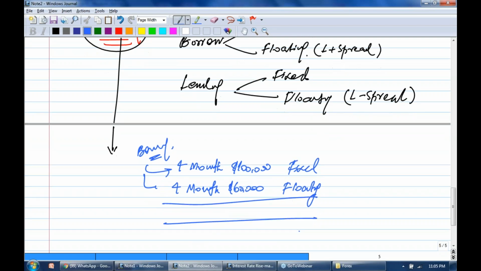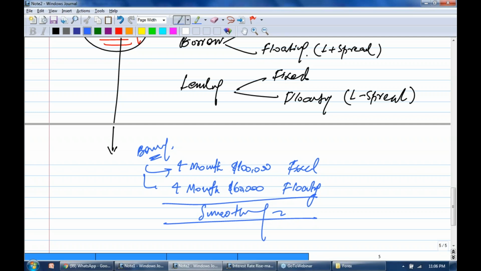If these two are netted off, that's called smoothing. Try to use your mind. Smoothing means borrowings are netted between fixed and floating. That's called smoothing. And the same in the case of lending: the lending fixed and floating are netted off. That's called smoothing.